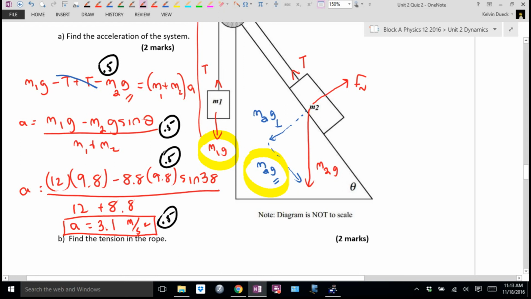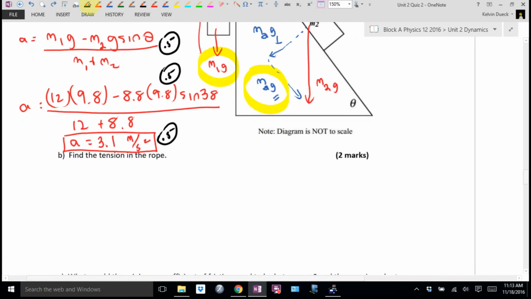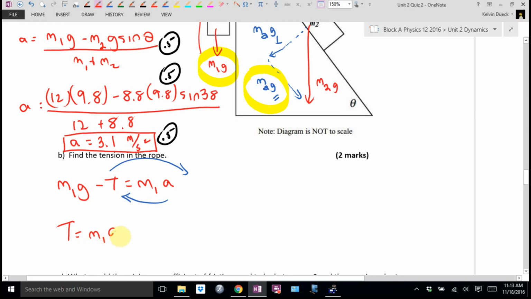Find the tension in the rope. I'm going to use this mass to find the tension because it's way less convoluted. Even though I think in that mass, tension's a loser, it's still going to be way easier. So I'm going to say M1g minus tension equals M1a. Plus that there, minus that there. I'm going to get tension equals M1g minus M1a.